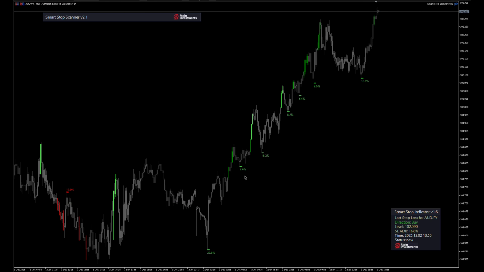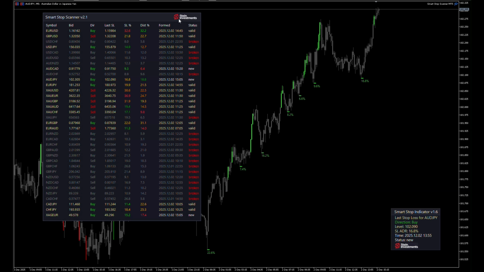And this brings us directly to today's topic, the Smart Stop Scanner, our full market stop structure engine. Let me open the panel. The scanner takes the same structural logic from the indicator and applies it across all symbols in your market watch.